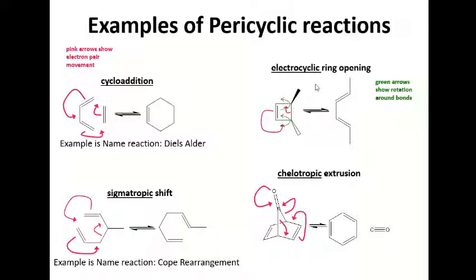Also, we have the electrocyclic ring opening and also ring closing, and in this case, the green arrows show the rotation around bonds. Also, the sigmatropic shift, in which we can find an example that is named Cope rearrangement. And finally, the cheletropic extrusion, which we are going to see in detail in today's session.